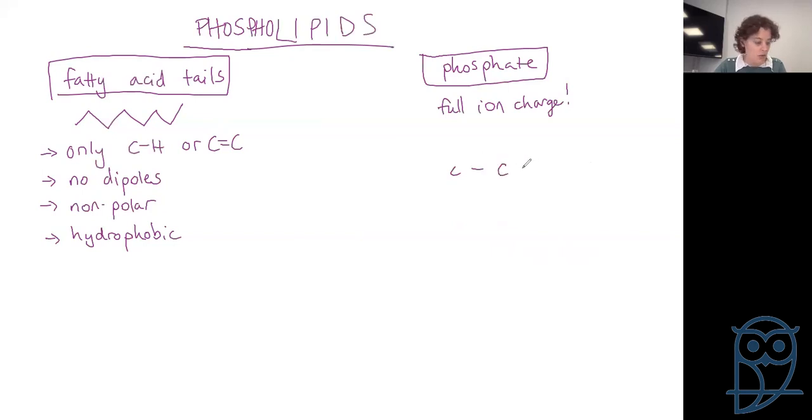Remember, we have our glycerol, we have our ester bond. That should ring a bell, C double bond O. Then we have our tails, and then we've got CHs.